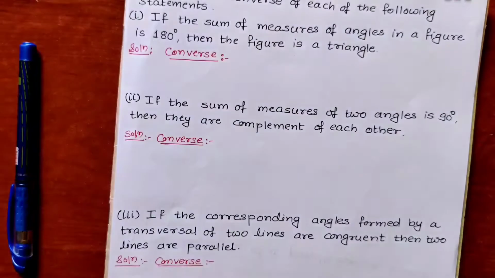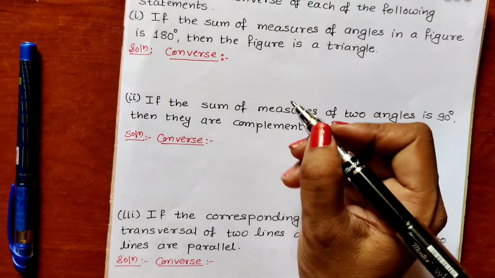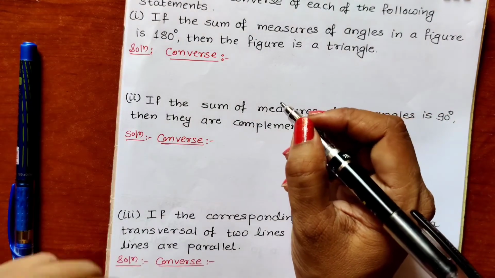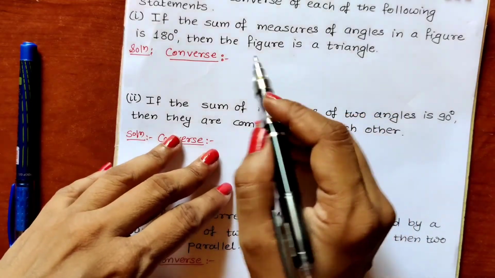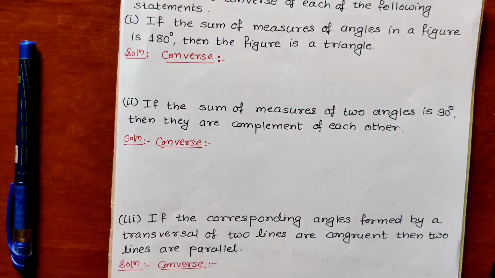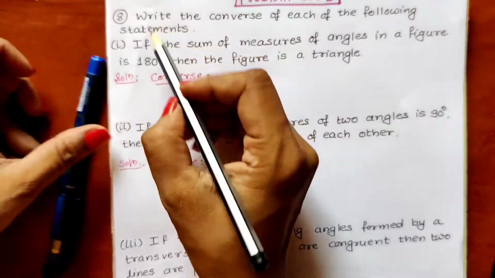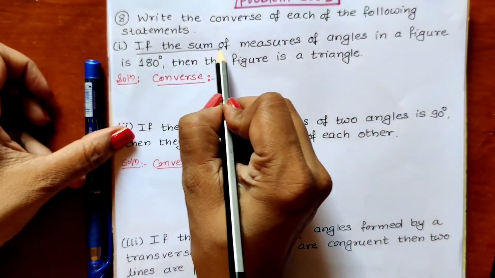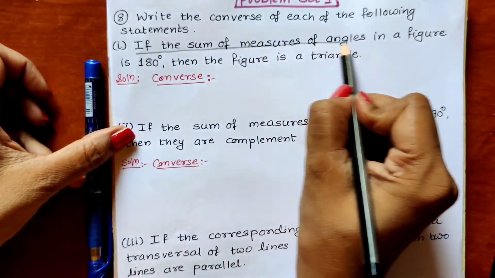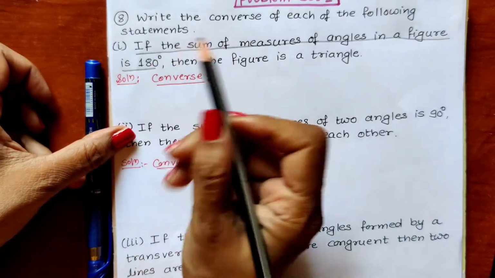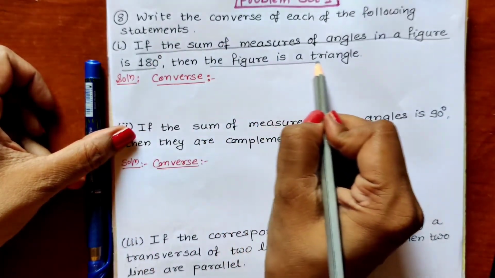So let us see how to write the converse. We have done it before in practice set 1.3 also. So how to write it? After if, what is given? The sum of measures of angles in a figure is 180, and after then what is given? The figure is a triangle.